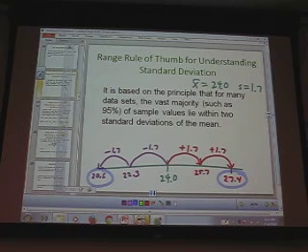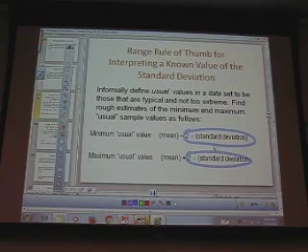Pay attention to things like that, because a lot of times you guys will get stuck in your numbers and come up with a crazy number that doesn't make any sense at all. The other thing is your minimum and maximum usual values should include the mean. The mean should be smack dab in the middle of that. So I would recommend, like I said, find 2 standard deviations first and then add or subtract that from the mean.